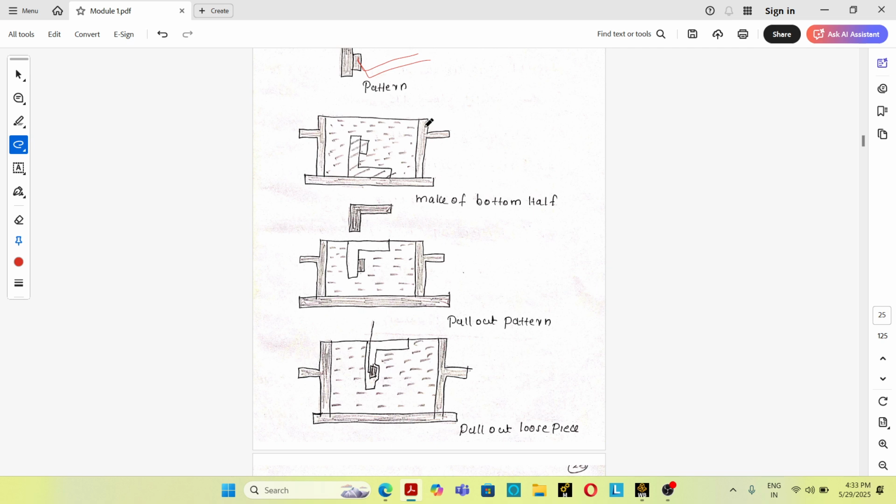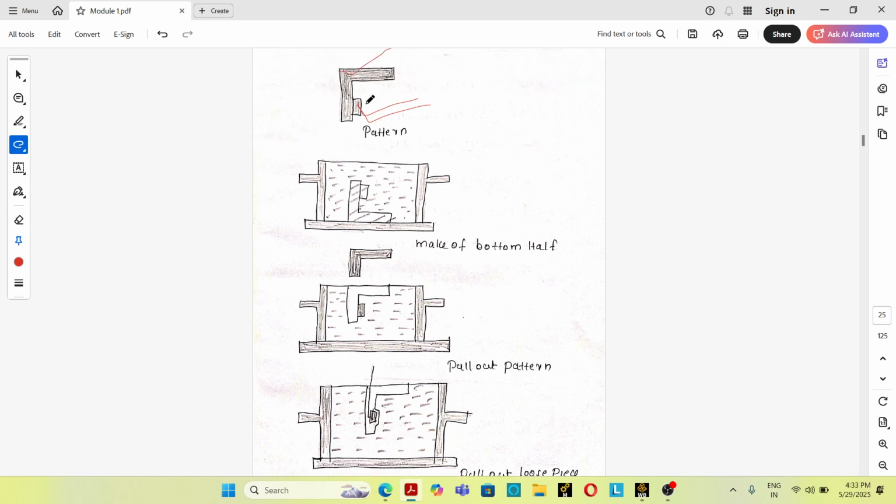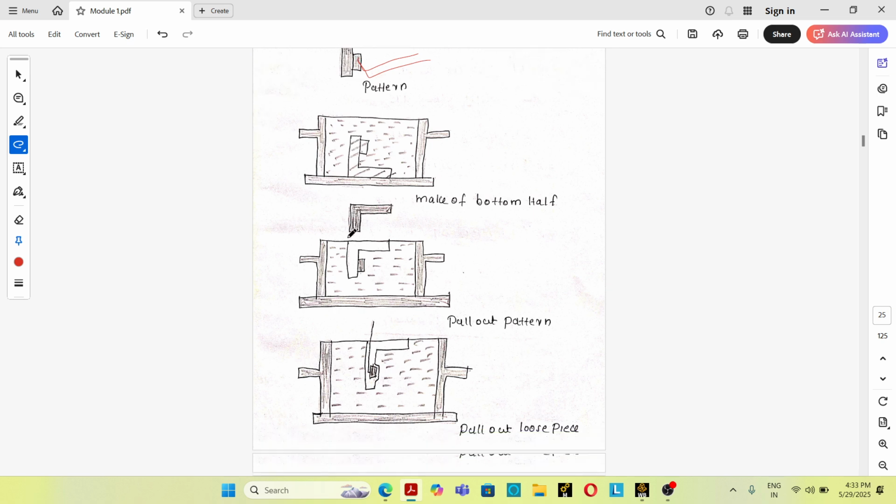So during the sand casting molding process, this loose piece will initially be an integral part of the main pattern while forming the sand casting mold. And this loose piece will be removed from the sand casting mold initially, leaving this pattern here. And after that, this loose piece will be slowly removed from the cavity by some methods.